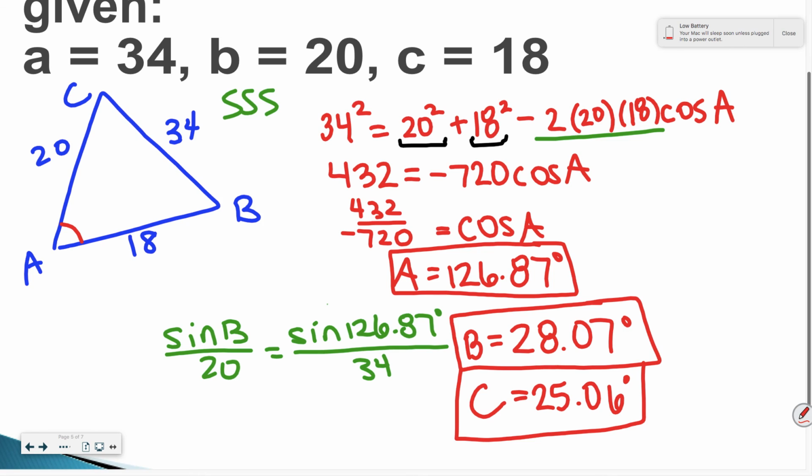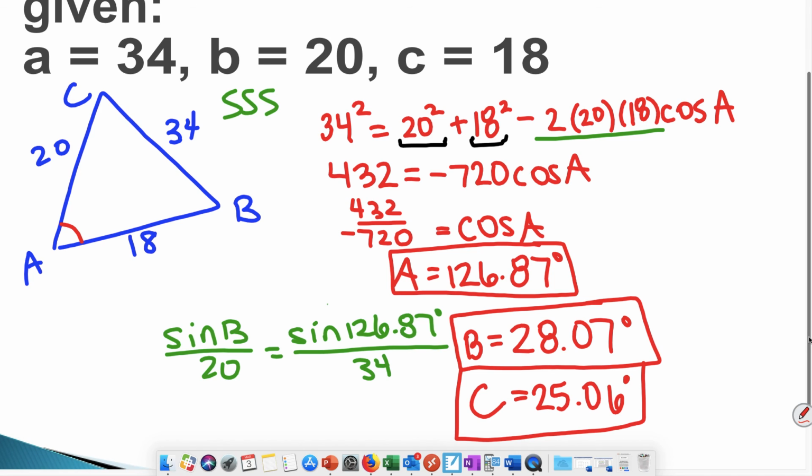If you use a different method and we're using rounded answers, we could differ just like that. Okay, so if I give you any triangle, you should be able to solve it. You need to practice it, but we have all the tools we need to solve it.